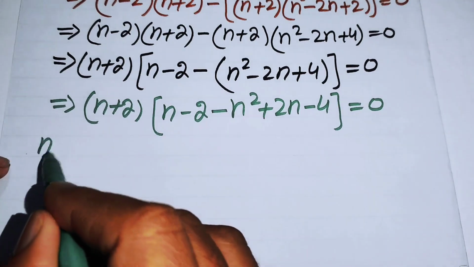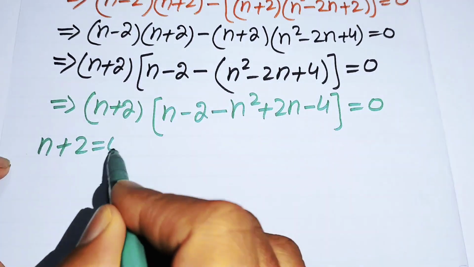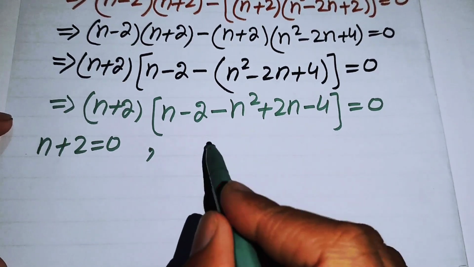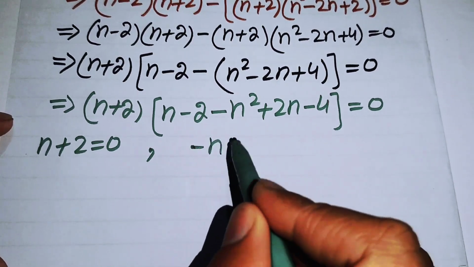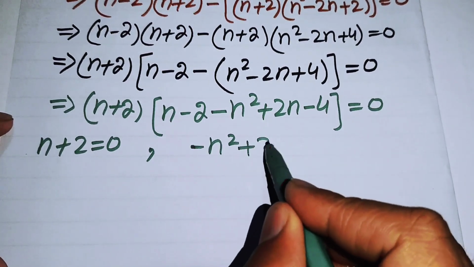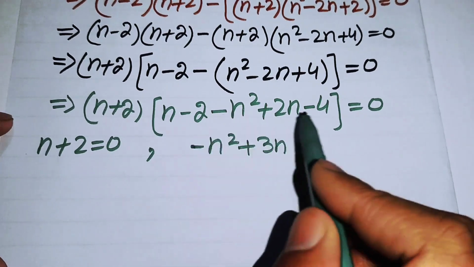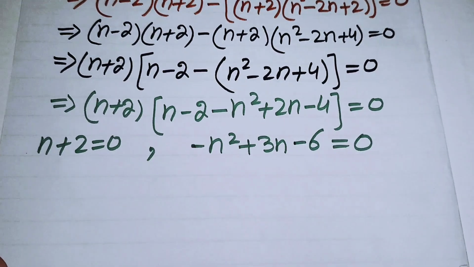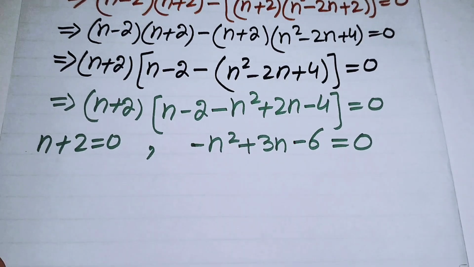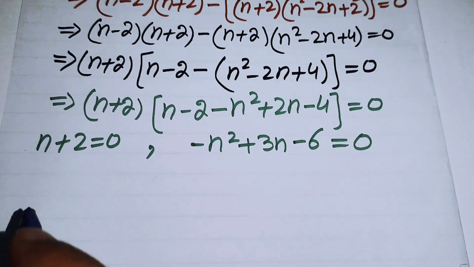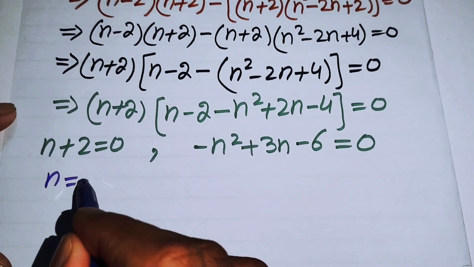The first case is n plus 2 equals 0, and the second case is minus n squared, and we add n plus 2n, which equals plus 3n, and minus 2 minus 4 equals minus 6, and this whole equation equals 0. So in the first case we easily get the value of n equals minus 2.